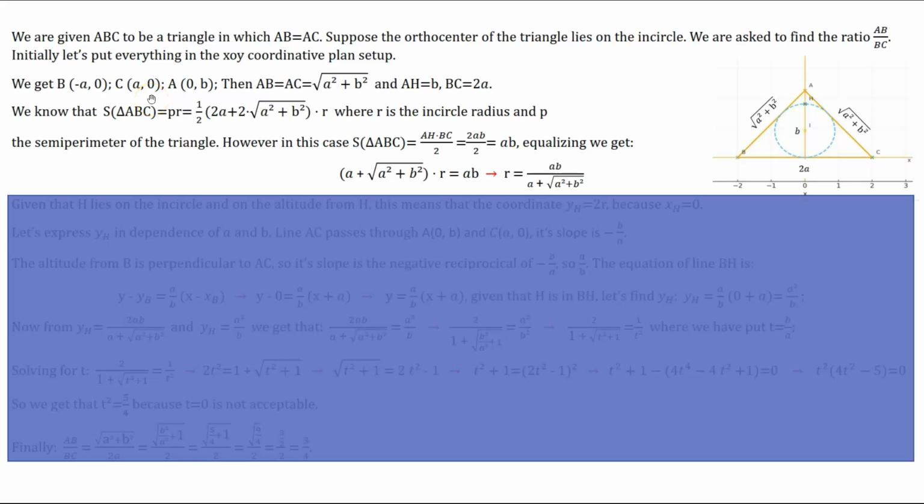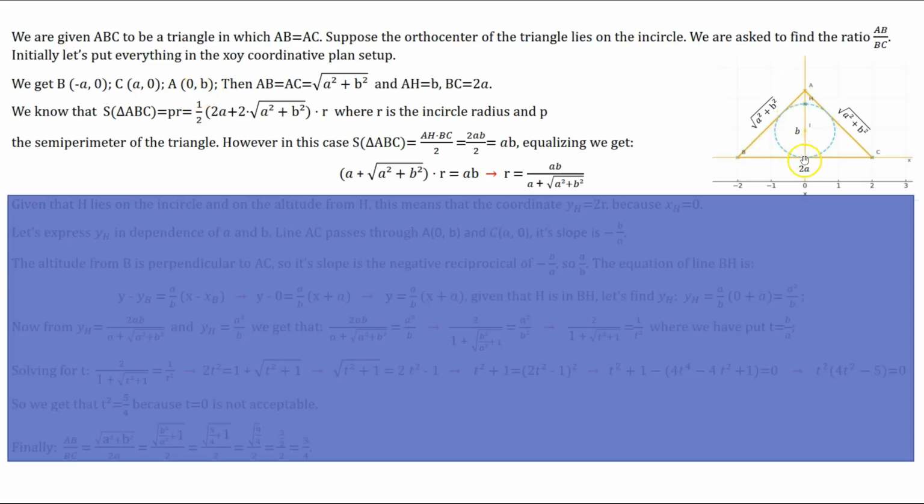Now, as I said, first of all, let's put everything in a coordinate plane setup, x, O, y, and we will set point B with coordinates (-a, 0). Point C is symmetrical with respect to the OY line, and C will have the coordinates (a, 0).